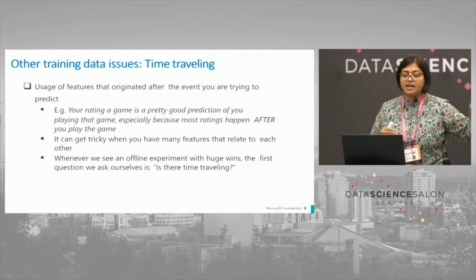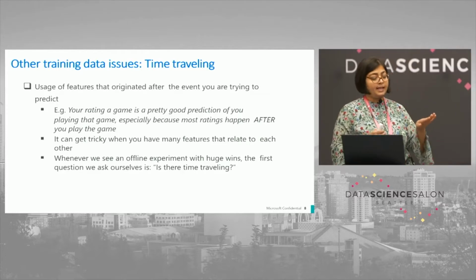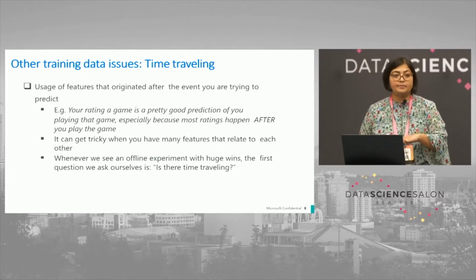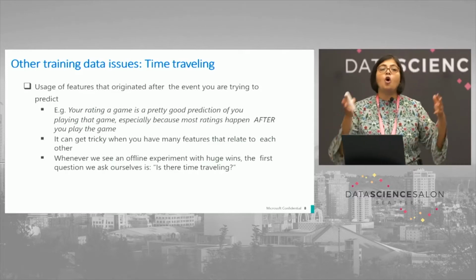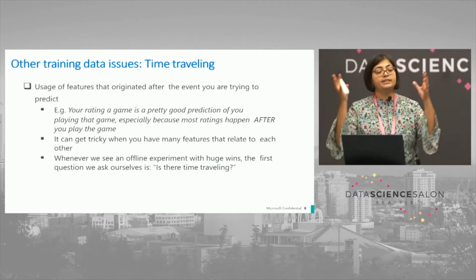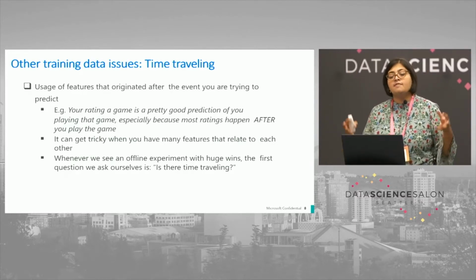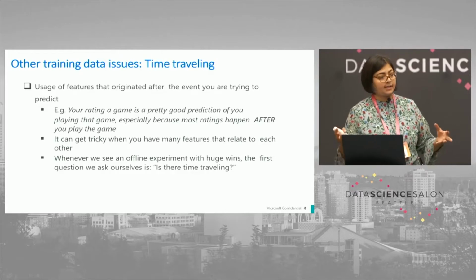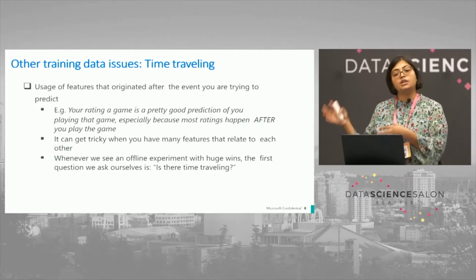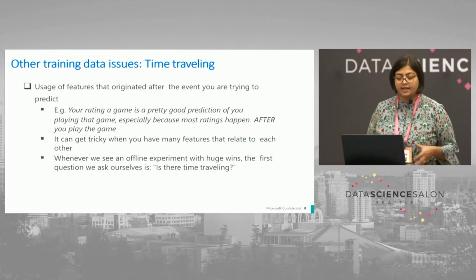For example, a rating of a game is a pretty good prediction that you like playing that game, but it almost always comes after you have played the game. So there is a concept of online and offline: online labeling, offline labeling, online testing, offline testing. There are different types of concepts when it comes to training data, so keep that in mind when you're moving one of your algorithms to another scenario and how you need to modify your data.